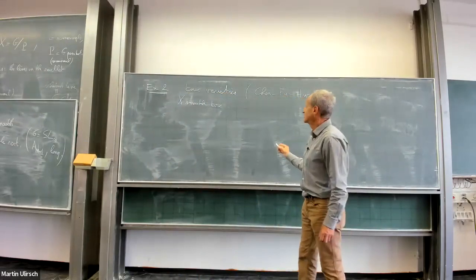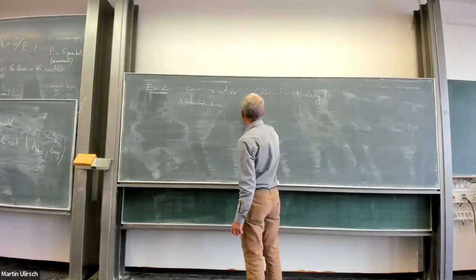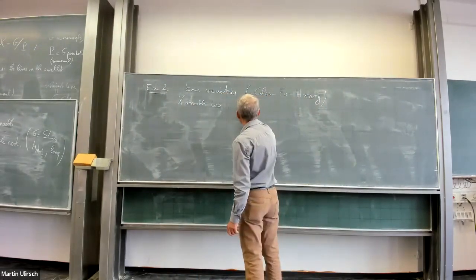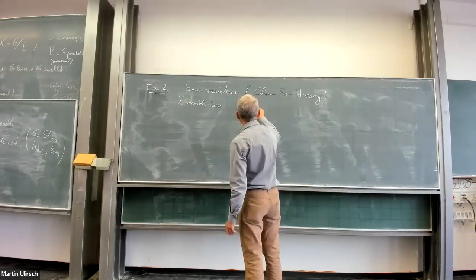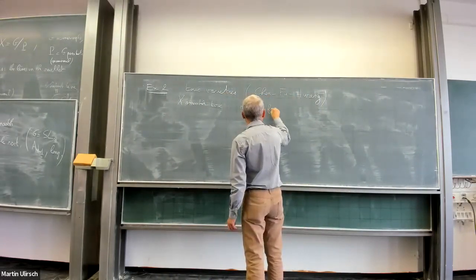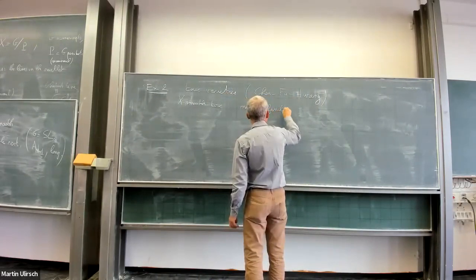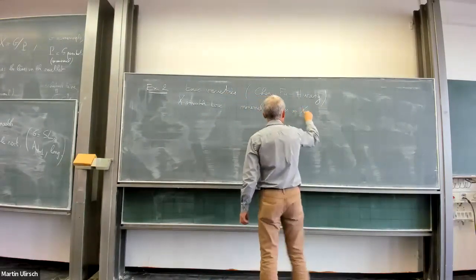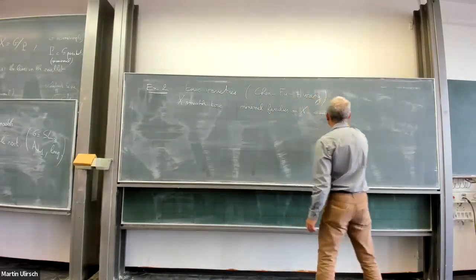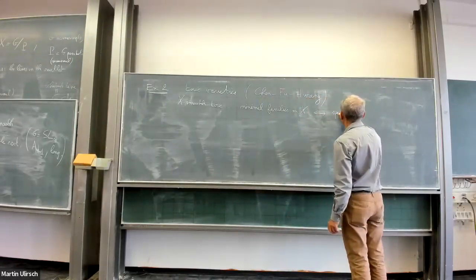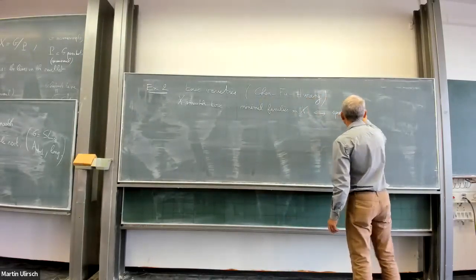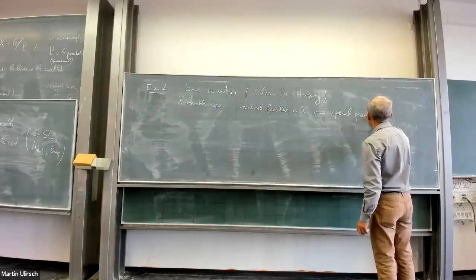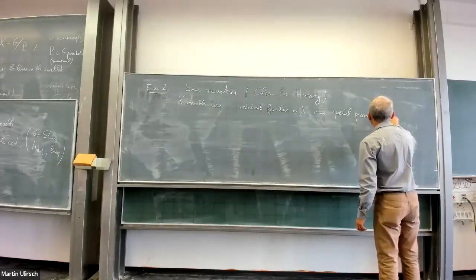And then the results say that minimal families, there might be many of them. They correspond to so-called special primitive collections.